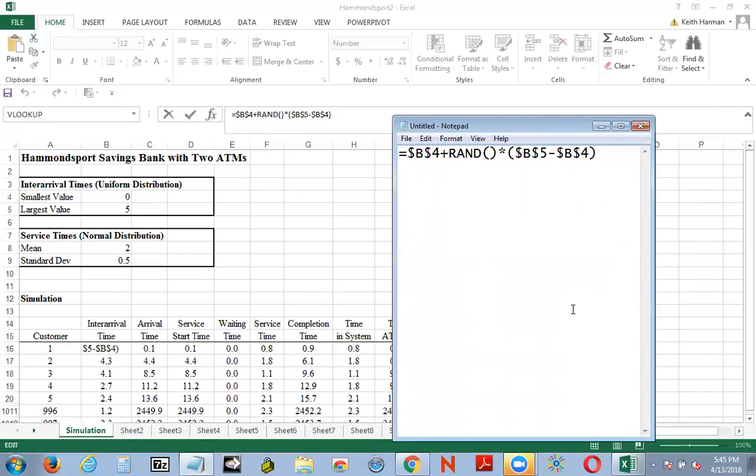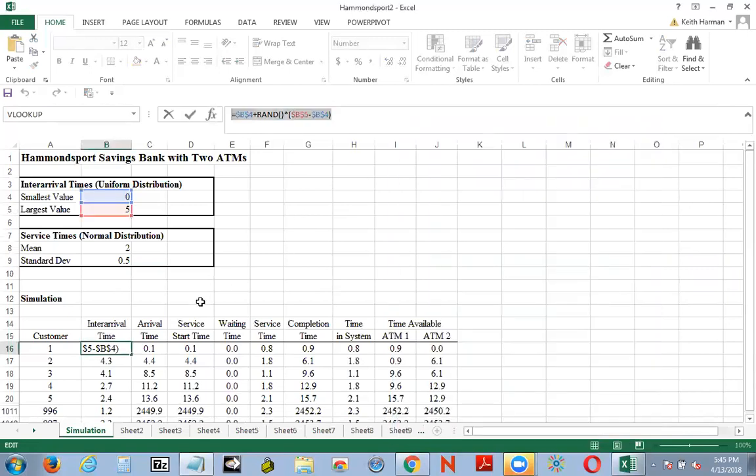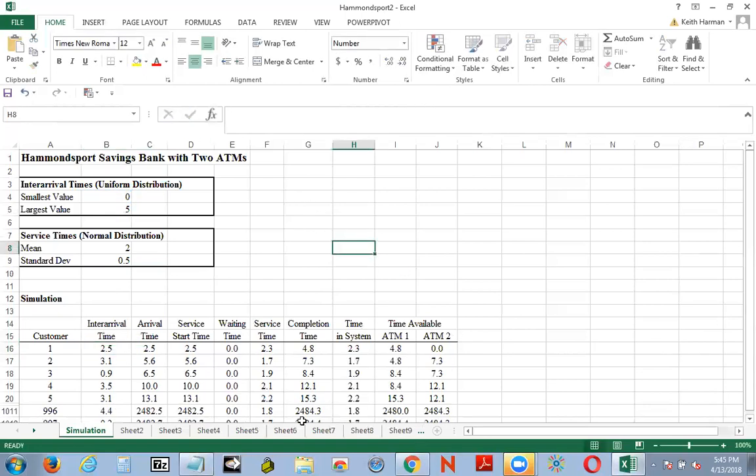So we're going to take B4 plus the random number, and we're going to take that times B5 minus B4. And we'll get out of that for a minute. And then we get 2.5.